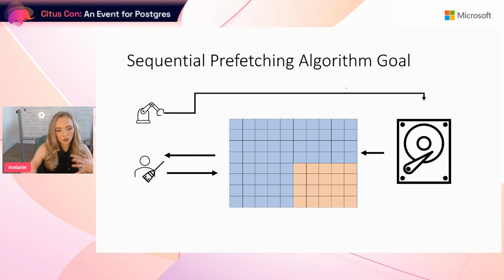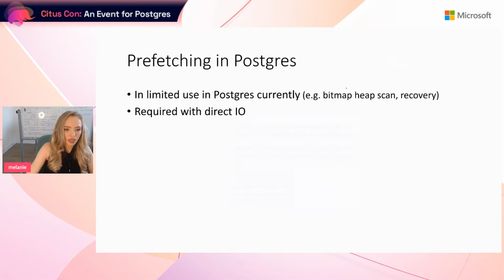A consumer might be a user-initiated query, but it also might be a maintenance process like vacuum or something like that. So the algorithm's goal is to be able to bring those buffers in at the right time.